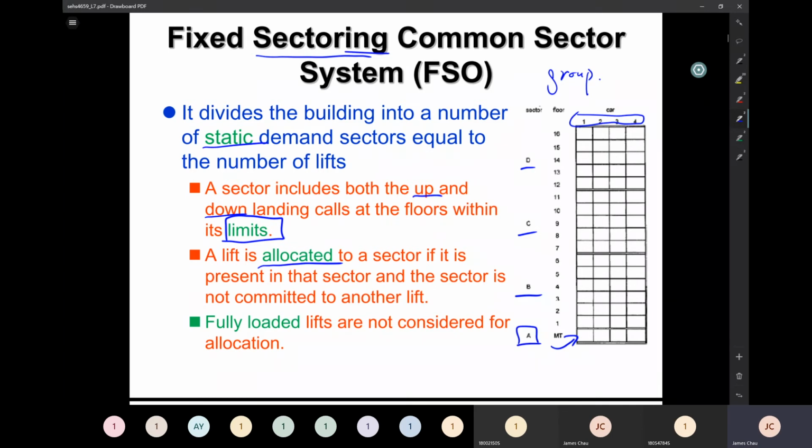But you may notice that later we will introduce some control mechanisms, and you may see that a lift can serve the other zone. Also, in some cases, the lift may be fully loaded, therefore it cannot be allocated to the zone. Now, this idea should be trivial because the lift is already full and it cannot serve any call anymore.